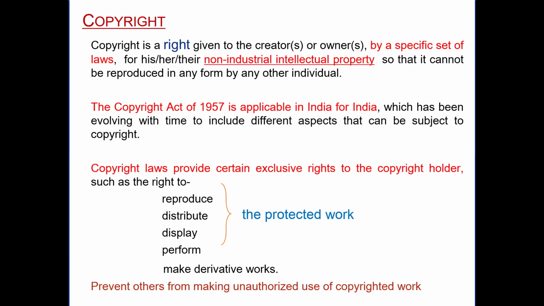So in that way, copyright is a right which is given to the creators and owners. There is a certain set of law. This is given for a non-industrial intellectual property, and it gives you that right so that somebody else cannot use or reproduce it for his own advantageous gain. That you have to remember.